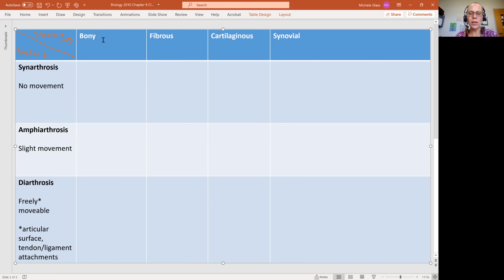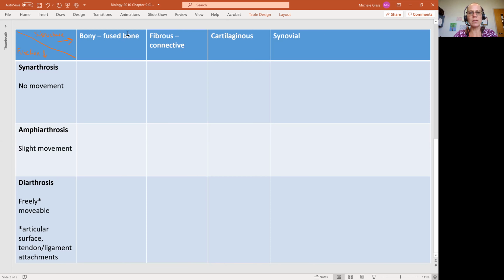Going back up to our column descriptions, we have bony, which means bone fused to bone. I'm just going to say fused bone as my description here. When we talk about our fibrous connections, we are literally just talking about fibrous connective tissue.